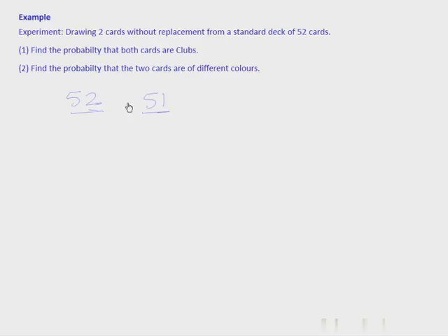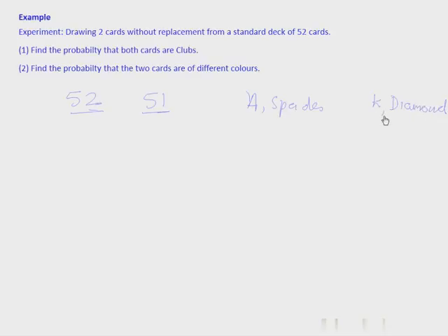And any of the 52 choices of the first card can go with any of the 51 choices of the second card. Can they? So say I got an ace of spades in the first card and a king of diamonds in the second card.